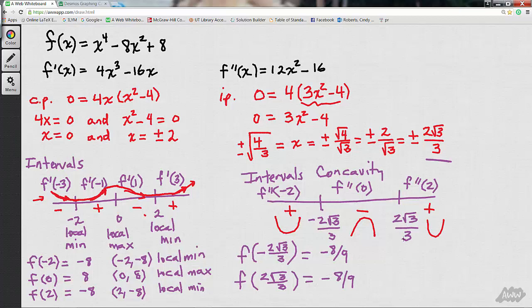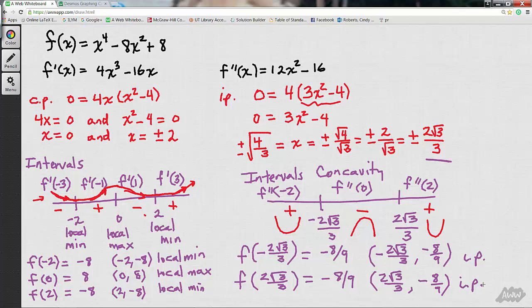And so these are my inflection points: -2 square root of 3 over 3, comma, -8 over 9, and +2 square root of 3 over 3, comma, -8 over 9.